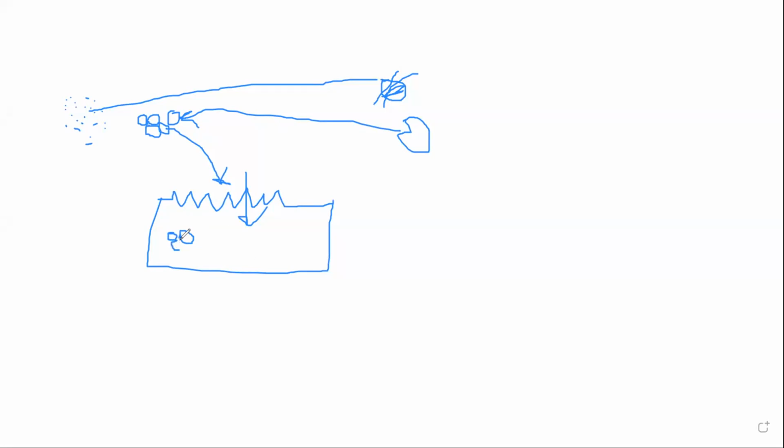Again, these lipoprotein molecules would have a water-loving end outside and a fat-loving portion inside. And the structure that we make here is called a chylomicron.